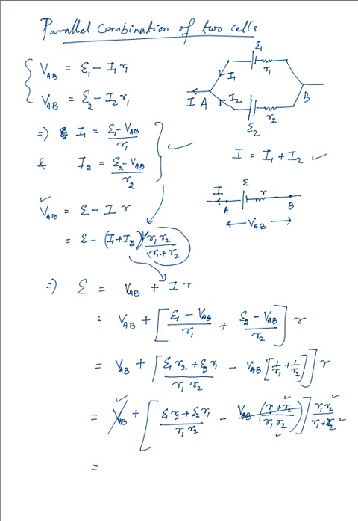But when this thing gets multiplied to this term over here, what I get is only the cancellation of R1 times R2 with the denominator term in this bracket, and then I end up with something like E1 times R2 plus E2 times R1 over R1 plus R2.